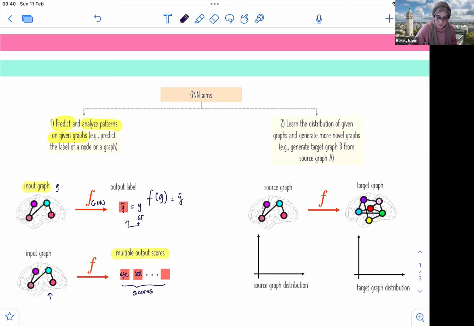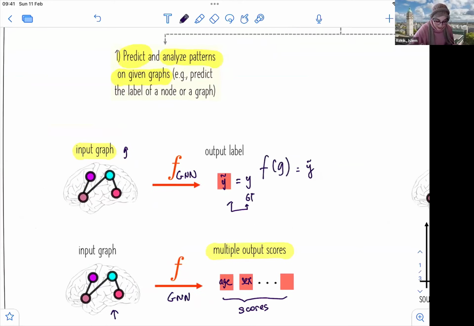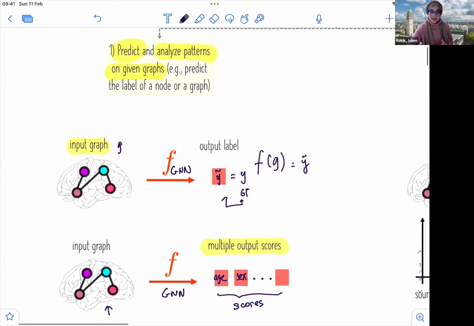And we can also predict many other scores related to the health or the state of the brain. So given this brain, we feed it into a graph neural network, and we are able to predict all these scores together. So far, this has been a very exciting journey. We have covered different aspects and properties, including, for example, invariance, equivariance, and expressiveness in the previous lecture.